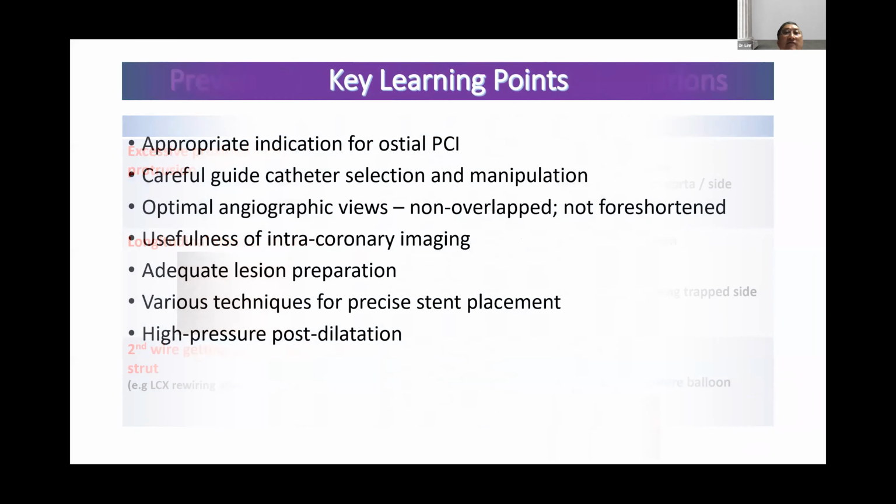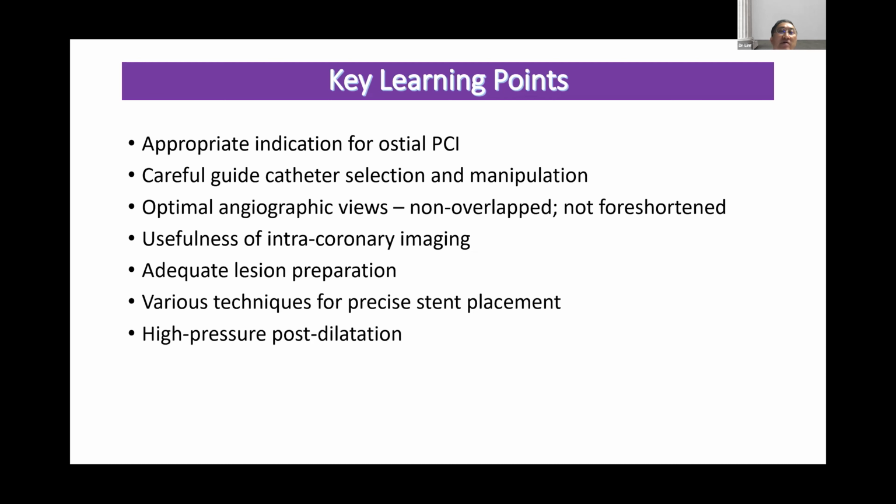So we have gone through a few key learning points, as a backdrop to the cases that Dr. Liu will show afterwards, and that we will together discuss, that there should be appropriate indication for ostial PCI, and then a careful selection of guide catheter, the angiographic view, and then we have also seen the usefulness of intracoronary imaging and physiologic assessment.